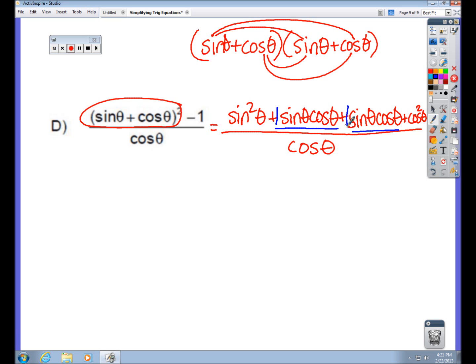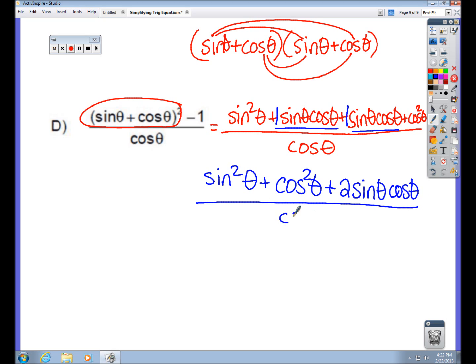So I'm going to put those together, and now we have sine squared plus, I'm actually going to rearrange a little bit too, and I'm going to write the cosine squared next, plus 1 sine cosine plus 1 sine cosine is 2 sine cosine. Okay, all of that over cosine.